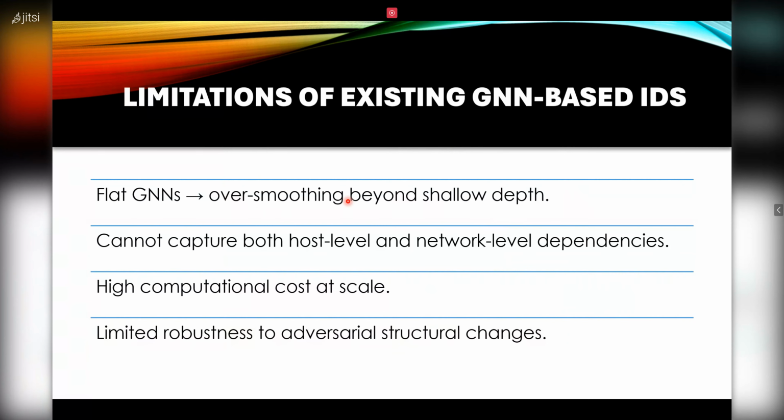Existing GNN-based IDS have issues: a flat GNN causes oversmoothing and cannot capture both host-level and network-level dependencies. The computational cost is very high, and the adversarial structure also changes.